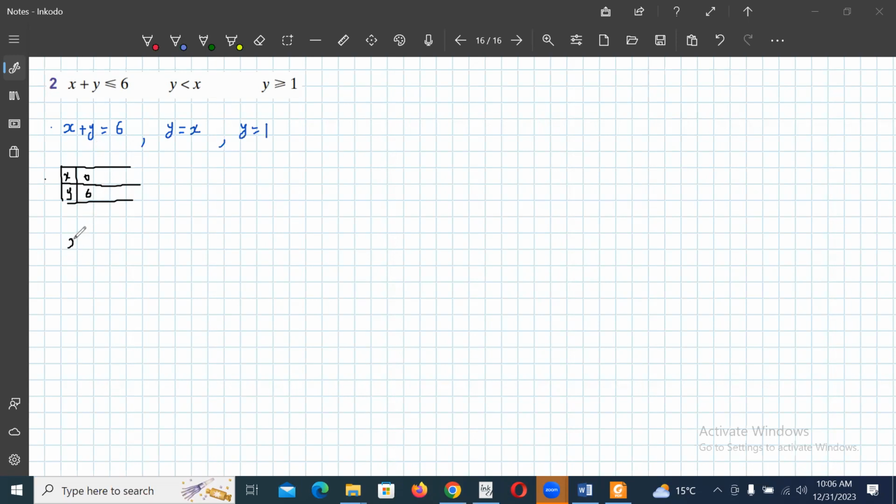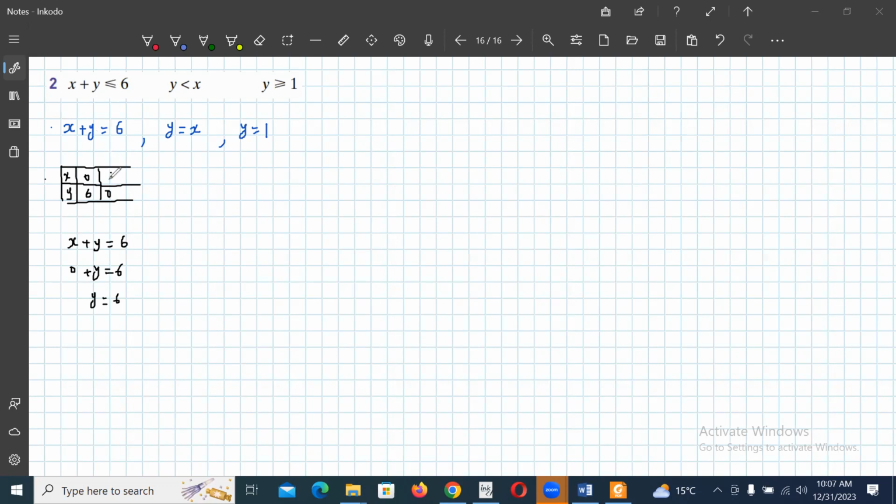You can check as well: x plus y is equal to 6, so if x is 0, y is equal to 6. Similarly, we need 2 or 3 more points so that we are able to draw on graph paper. If I say y is 0, then x must be 6.